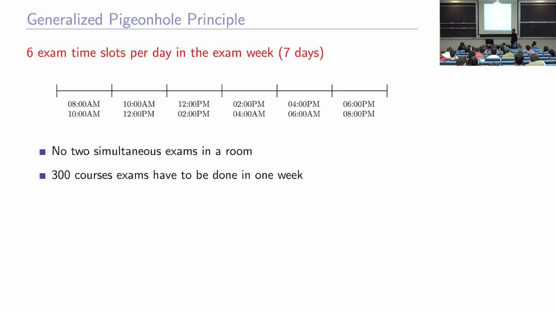Suppose I have 300 exams that I have to schedule within this 1 exam week, right? And naturally, in one room, in a given time slot, there can be at most 1 exam. You cannot have 2 exams at once in one room. Okay, I have 300 exams to schedule. Question is, how many rooms do I need?